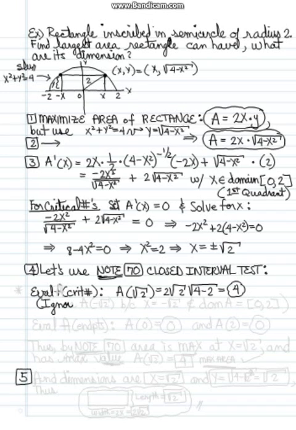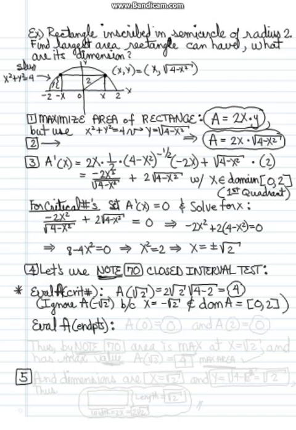I'll say that in this line: ignore the function A evaluated at x equals negative square root of 2, because that value for x is not in the domain of A, which was between 0 and 2.